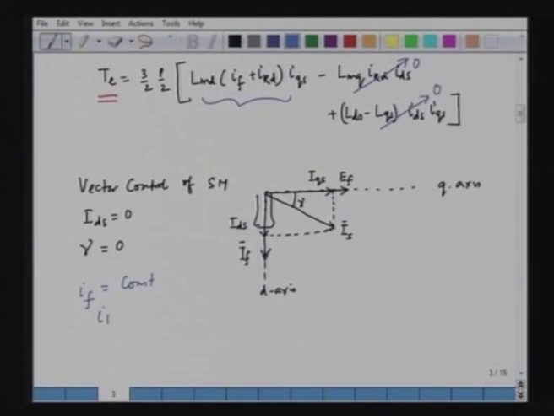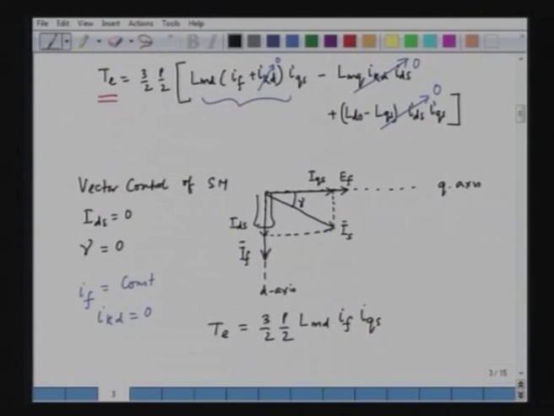So, IKD is equal to 0. If we put IKD equal to 0, the expression for the torque finally will be 3 by 2 into P by 2 into LMD into IF into IQS.